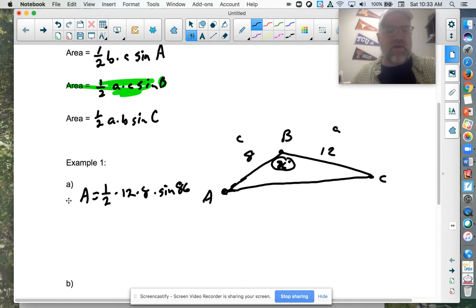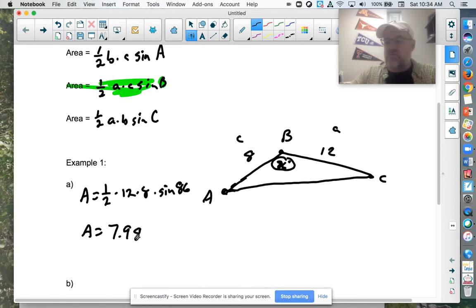It said, oh great, your area equals 7.98. That just doesn't seem right. Let me try that again. 12 times 8 times 0.5 equals, times 86 sine, equals.